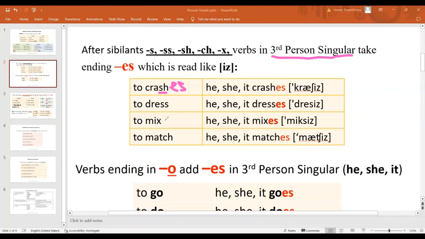We need to add es in third person singular, and we get he, she, it mixes. Match. We need to add es, and we get matches. Now try to pronounce all four words with ending es.